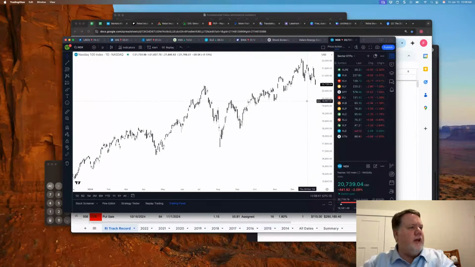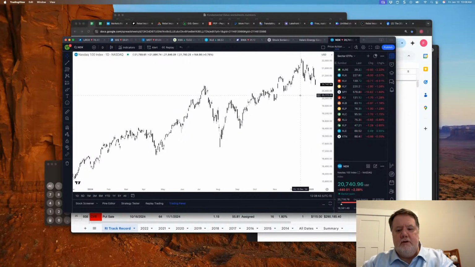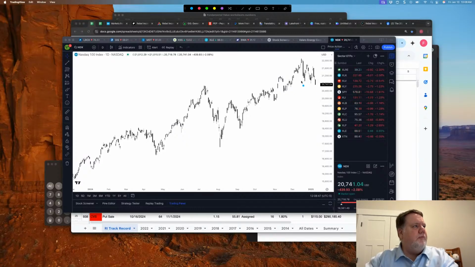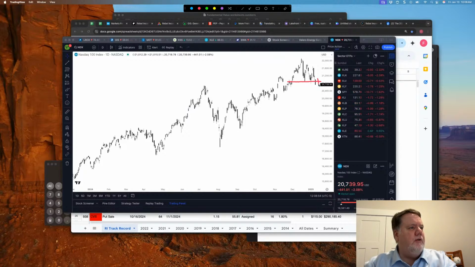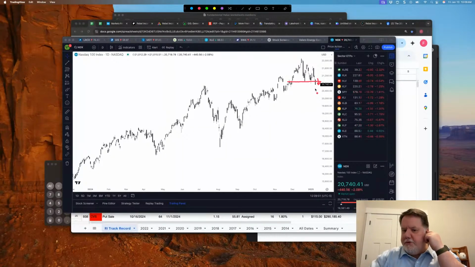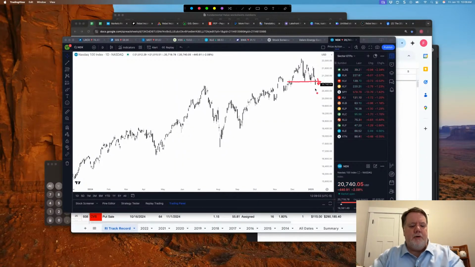And here's the NASDAQ. Doesn't look quite as severe, perhaps, but again, still also a break below support. So all three major indices look like they're breaking below support right now, maybe picking up some bearish momentum.